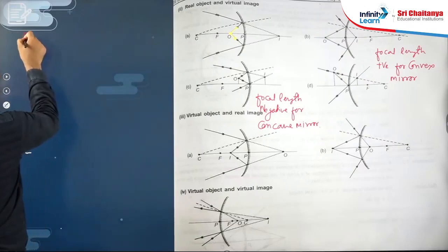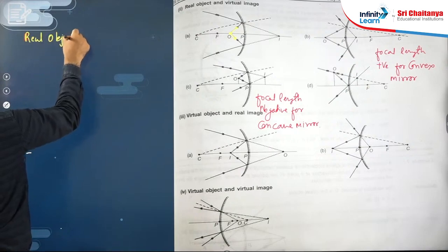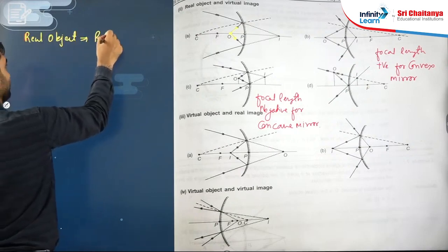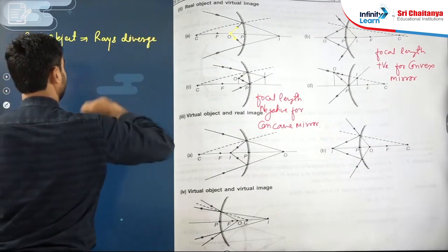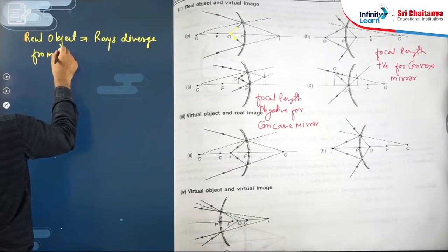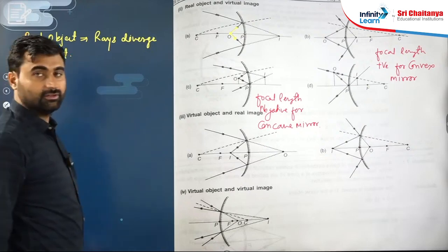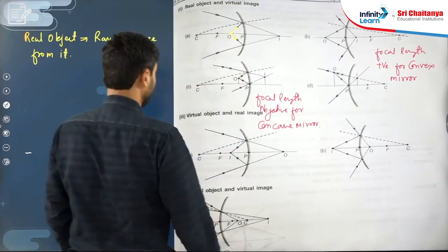So real object means rays diverge from it.